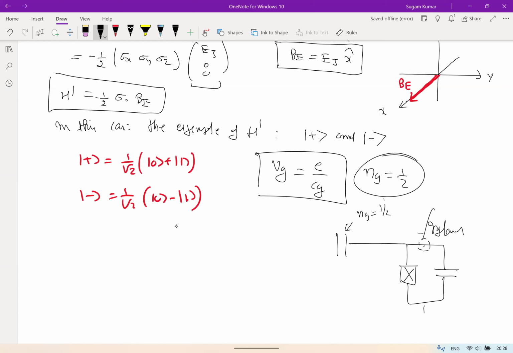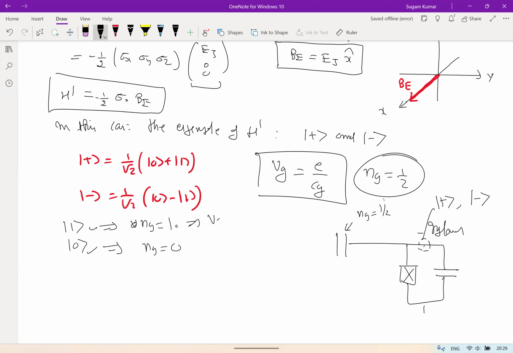As a result, either you will be in this state or in this state. So it is an excess of a Cooper pair. If there is one, then you are in state 1. If not, then you are in this state. With half possibility, this is the situation when Ng equals 1. This is the situation when Ng equals 0.